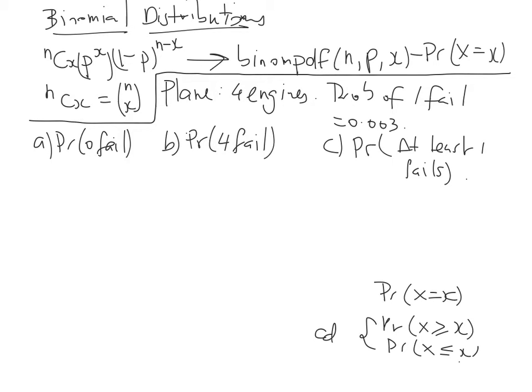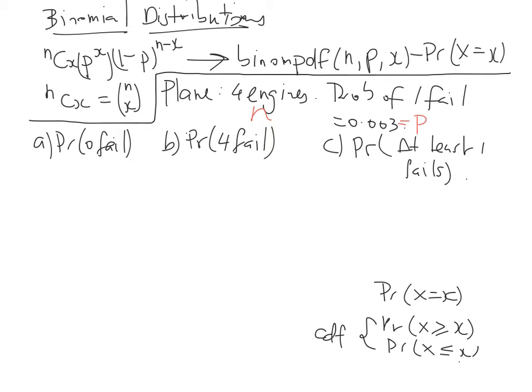We end up with binom CDF, and I'll go through one of the examples. So basically what we've got here is this question about a plane. I think it's question 12. The plane has 4 engines and the probability of one engine failing is 0.003. So n is our value 4, and p, our probability of success, is 0.003.